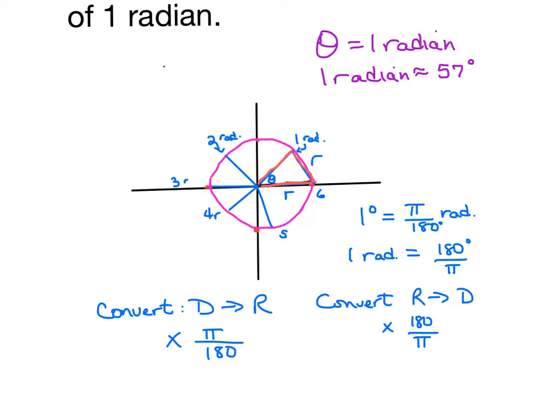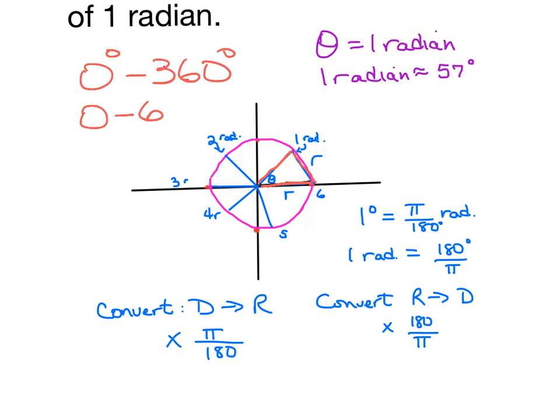But before we do that, when you are looking for a radian measure of an angle, it's equivalent to about 57 degrees. So in the last chapter, our full circle went from 0 degrees to 360 degrees. In this chapter, our entire circle is going to go from 0 radians to 6 radians.